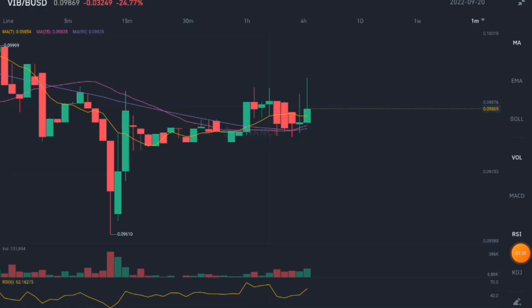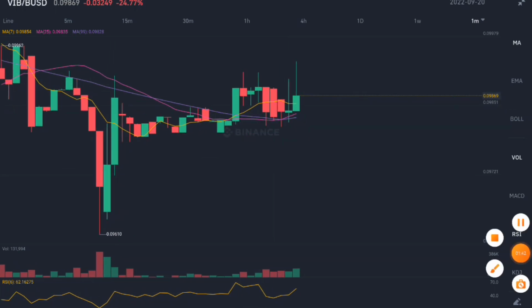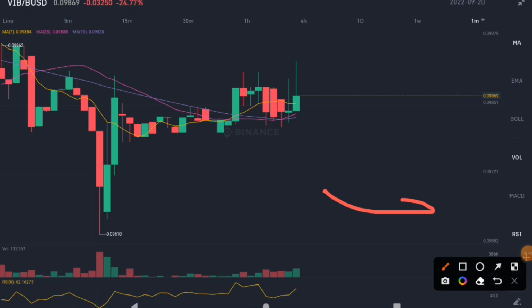So guys, this is the 1 minute time frame. You can see we have this candlestick right here. Can you see it? We have a candlestick right there.